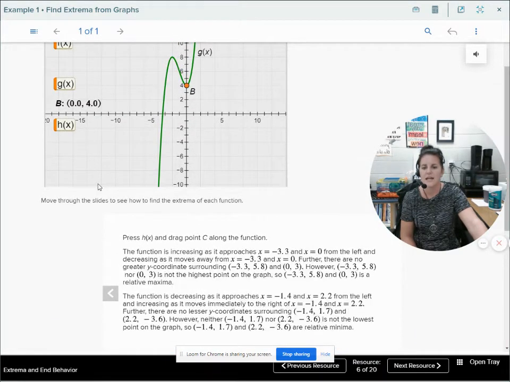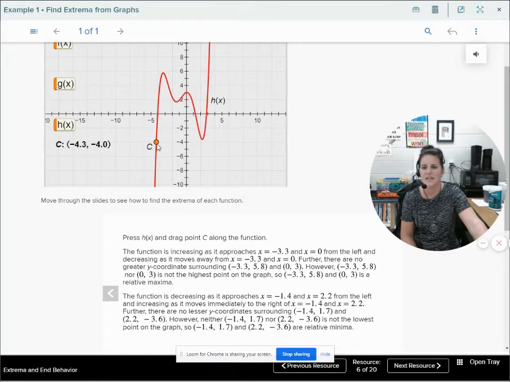All right, and now let's look at our function h of x. We can see here we have a relative max, somewhere around in there. That would be a relative max.